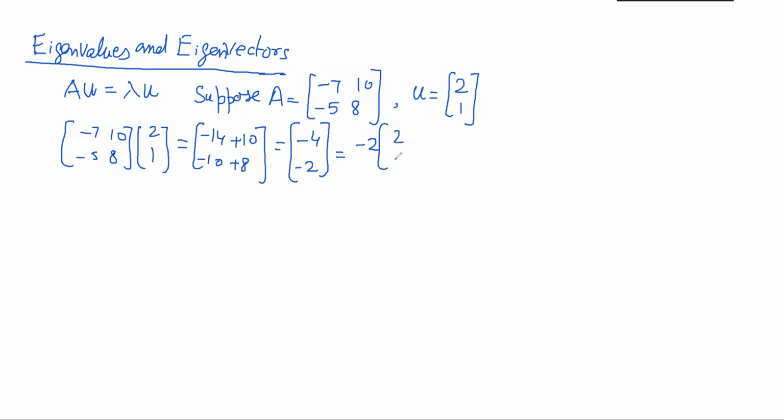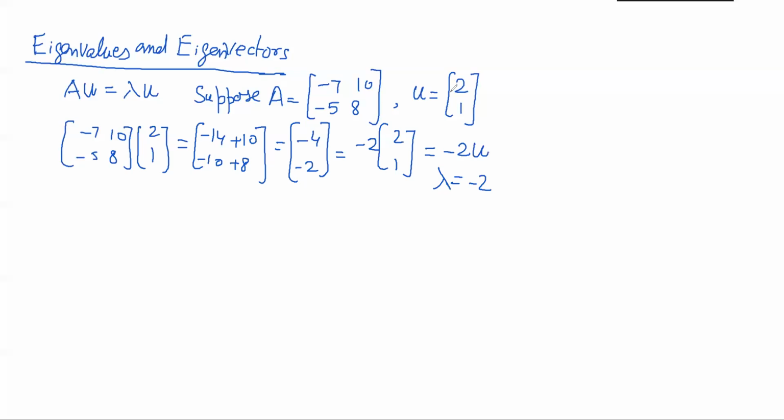Inside it will be 2, 1, which is the same as U. So we can write minus 2 times U. So we have met the condition AU is equal to lambda U, where lambda is equal to minus 2. So the eigenvalue for this combination is minus 2.